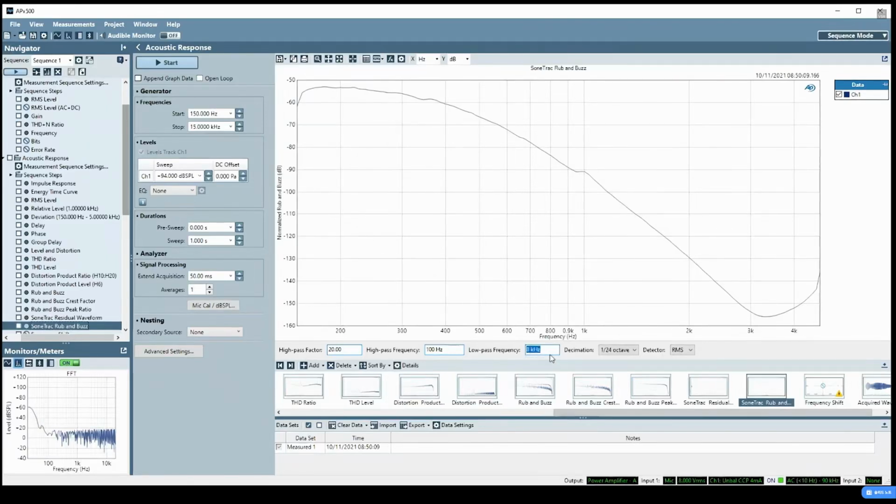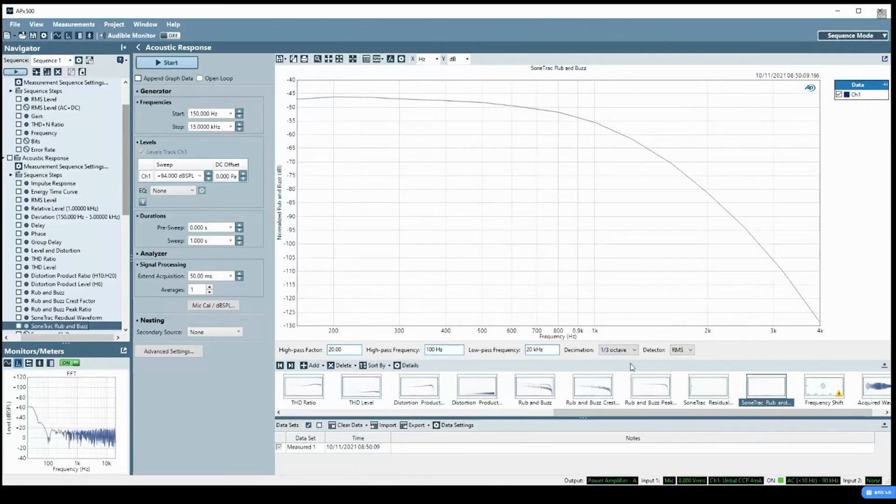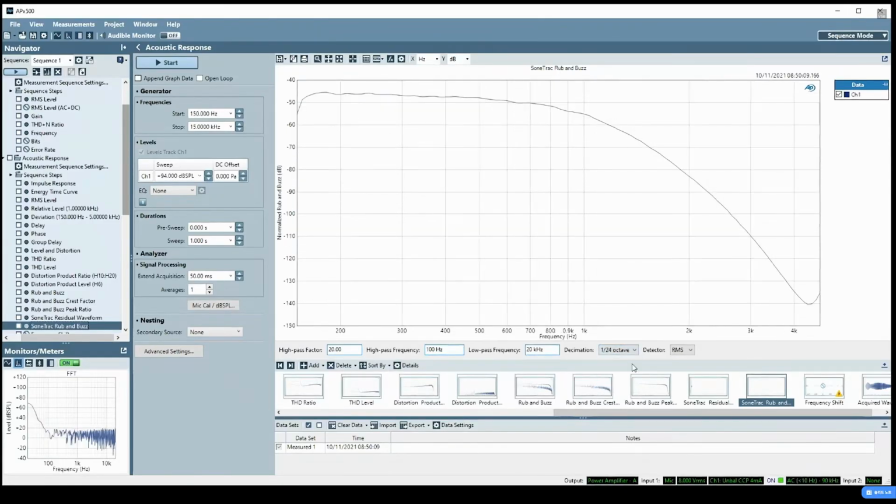And we have different detectors as mentioned and different decimations you can do on third octave, 24th octave and any of the others.